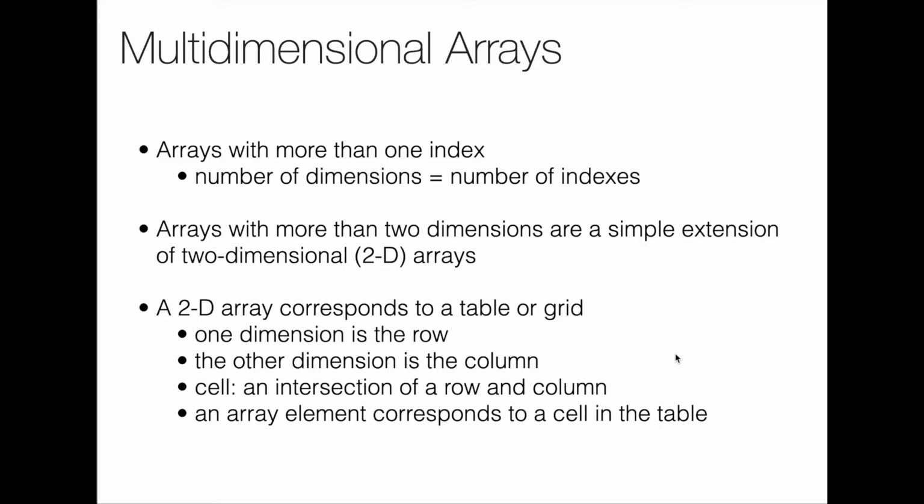The simplest version of multidimensional arrays is the two-dimensional array. In two-dimensional arrays, the first dimension corresponds to the row number and the second dimension corresponds to the column. So a two-dimensional array is a kind of table or grid.